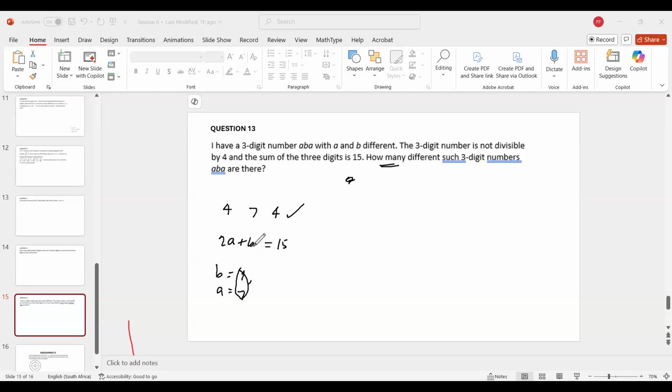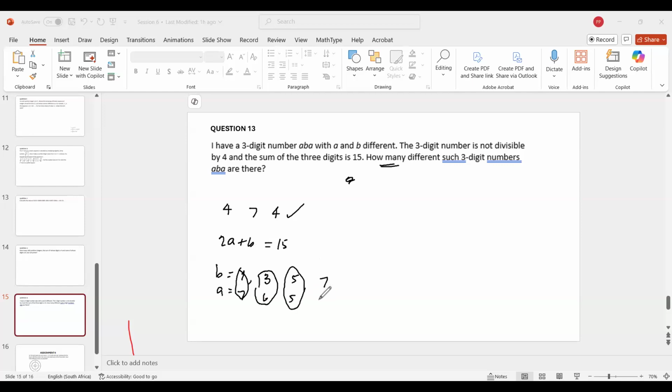So the important thing is that B has to be odd. It can't be even, because 2A is even, so 15 minus B is even, so B will have to be odd. So if B is 3, then A is 6, so A and B are 6 and 3. Then 5, you have that.